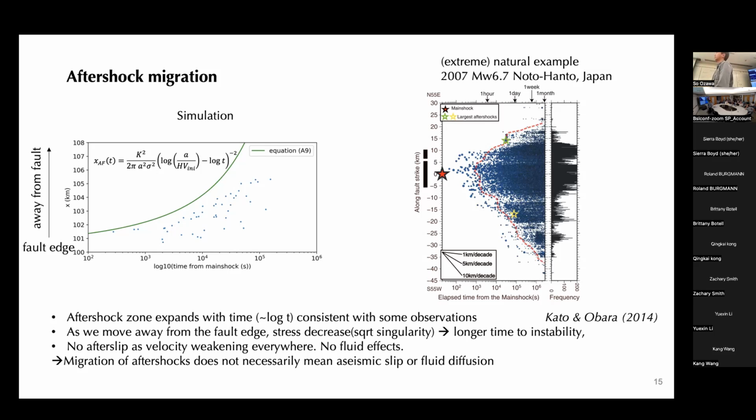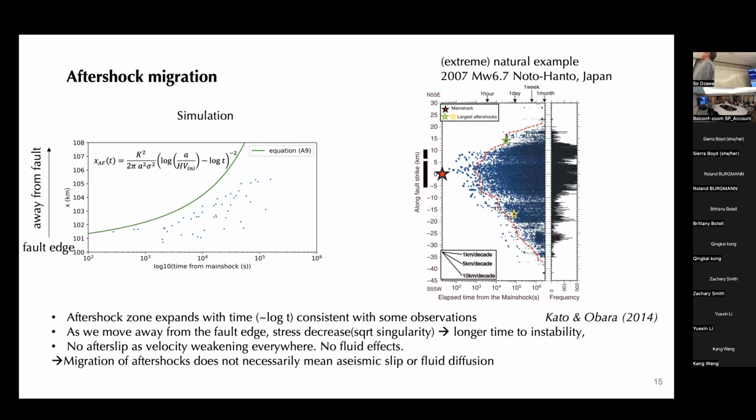Right. Because my question is, usually from seismicity we can get the migration speed, right? Some calculated number is, like, 10 meters per second. I was just wondering whether we can compare with your simulation. There's no number for the migration speed?